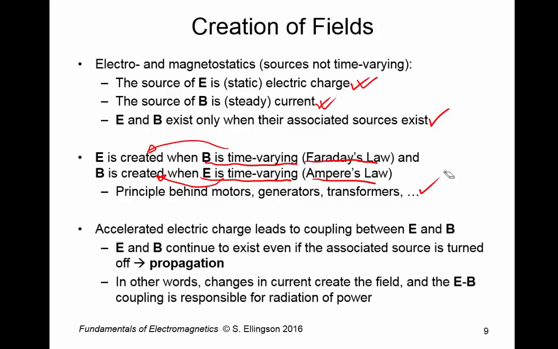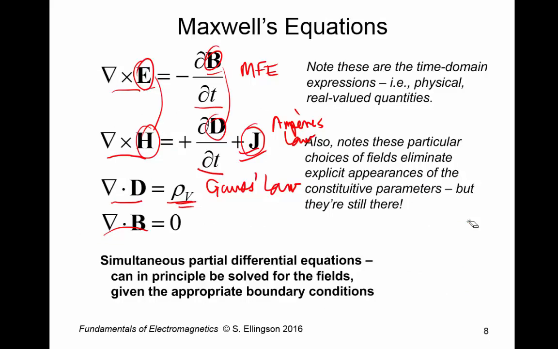A third possibility, which is really not that much different, but it's a distinction that is useful to make, is that accelerated electric charge leads to coupling between electric and magnetic fields. First of all, you can note from Maxwell's equations, we go back here, that we already see that E and H, the electric and magnetic fields, are coupled.